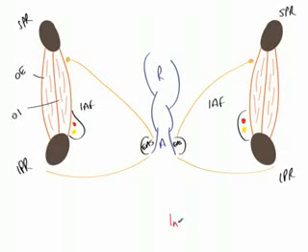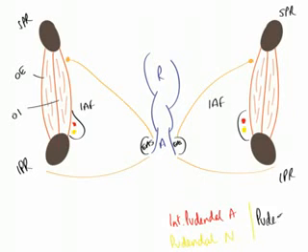So we have the internal pudendal artery and we have the pudendal nerve, and these structures are running within the pudendal canal. The pudendal canal is located along the lateral wall of the ischioanal fossa along the medial surface of obturator internus.